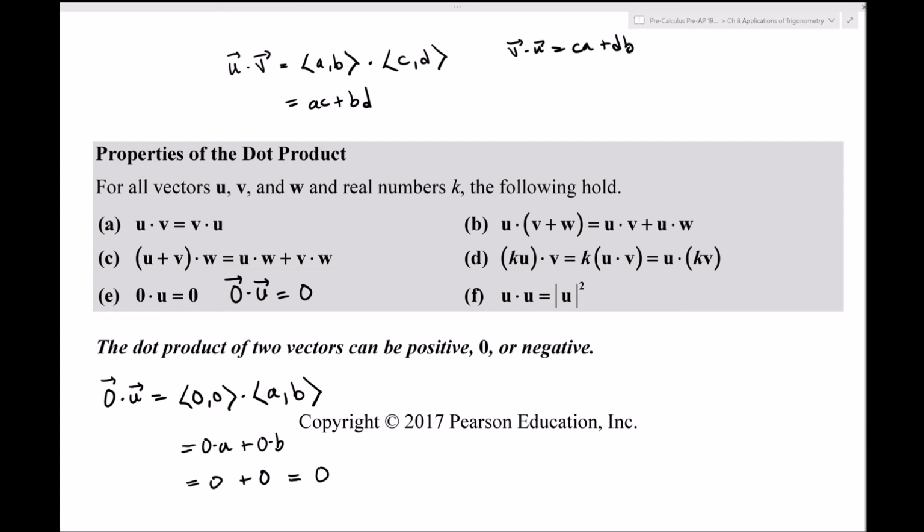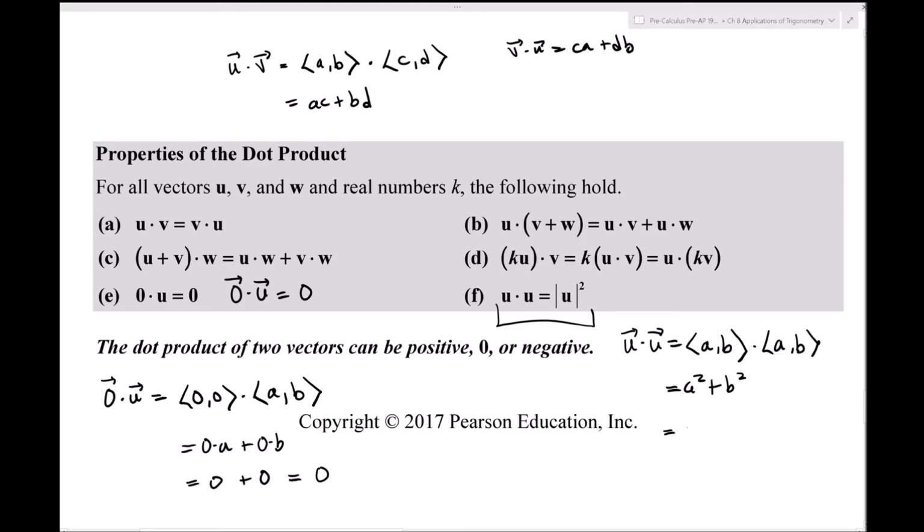And then the last one, this one's important. That one I want to prove. So if I take a vector and I dot it with itself, you end up getting the magnitude of that vector squared. So let's try it. U dot U, which is A comma B dot A comma B. That's A squared plus B squared. Now if you remember, the magnitude of U is the square root of A squared plus B squared.